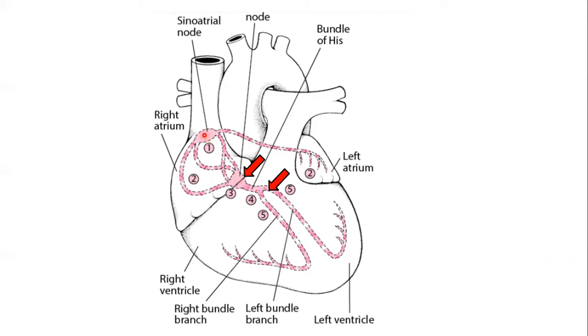It will receive the impulses from the SA node, and then it is involved in the contraction or the activity of the ventricles. It further extends down into the His bundle, and then the His bundle divides into two, and these two again have the nerve fibers known as Purkinje fibers that transmit the impulses to the cardiac muscle cells of the ventricles, which are involved in the contraction or the pumping of the blood from these ventricles.